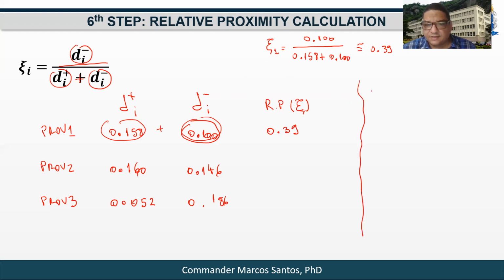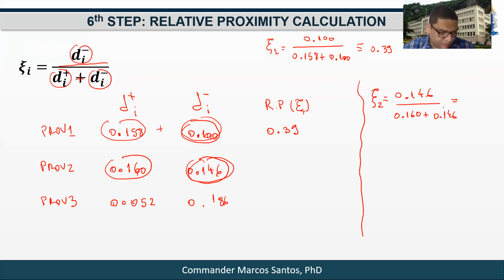Next, 2 is negative D, 0.146 over the sum, 0.106 plus 0.146 equals 0.48.